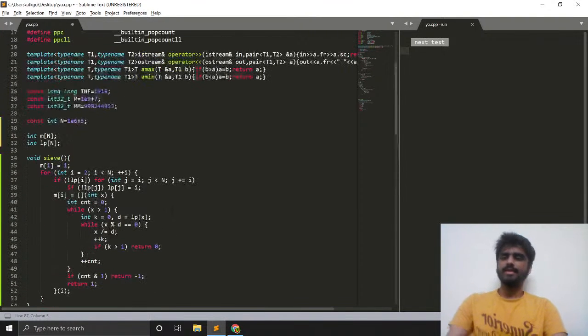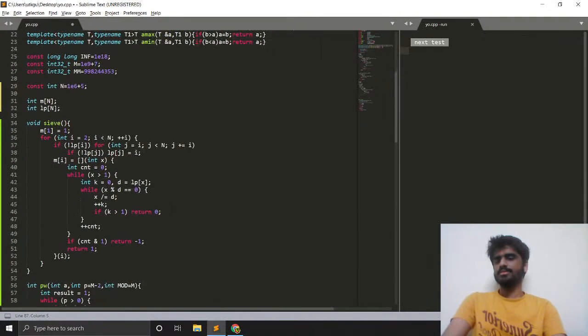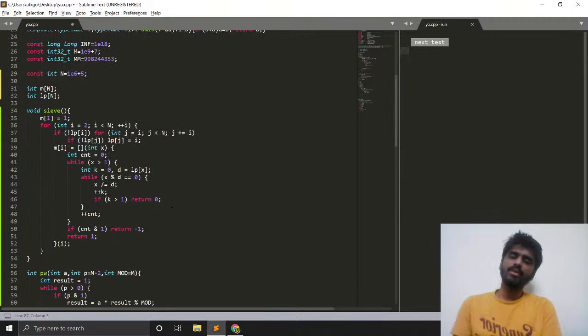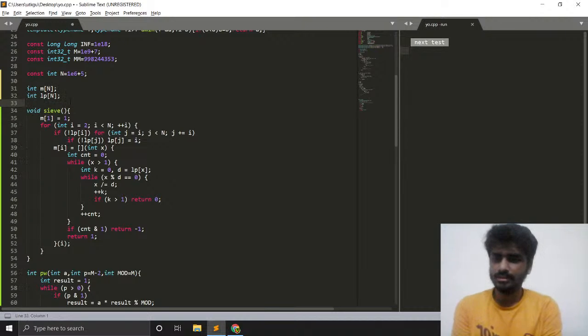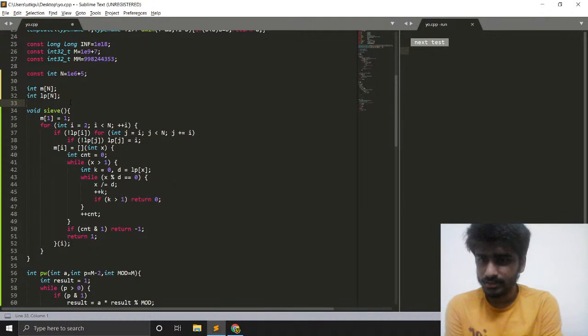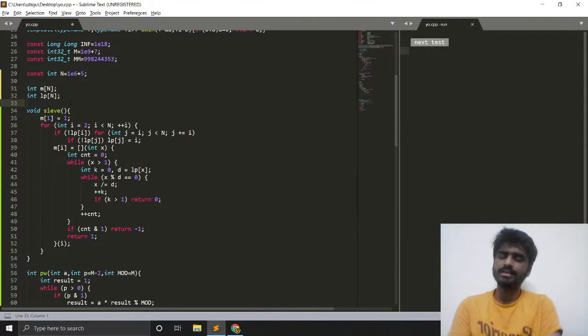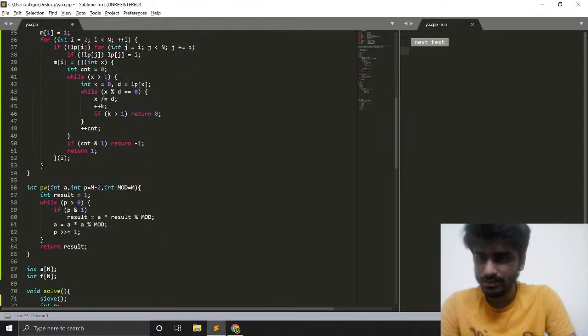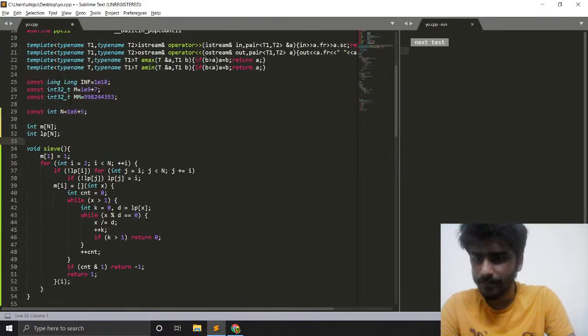I think I need all of the divisors of the number, right? I can get that using this sieve thing too, because it has the least prime divisor or something.